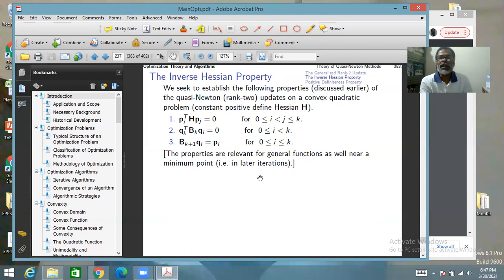So what will happen is that general functions also, with enough iterations passed, will approach their minimum point where locally they will behave like a convex quadratic function. So in later iterations, near the minimum point, all functions will behave like a convex quadratic function. So that should not be a big problem. So this is the strength actually. These properties are relevant for general functions near a minimum point.